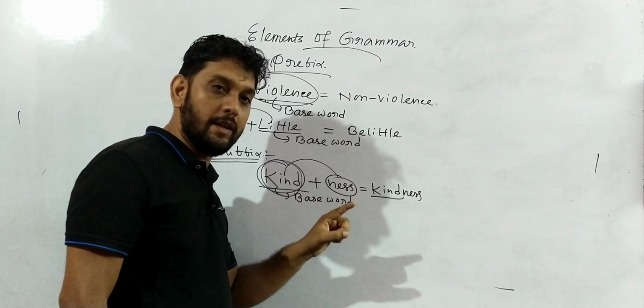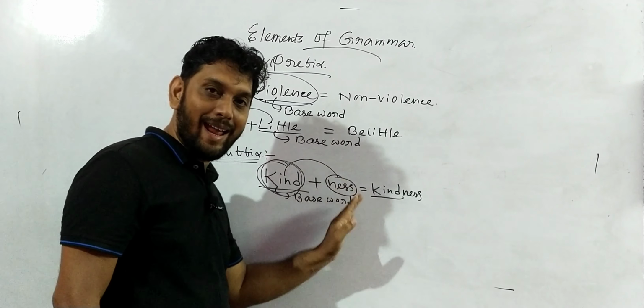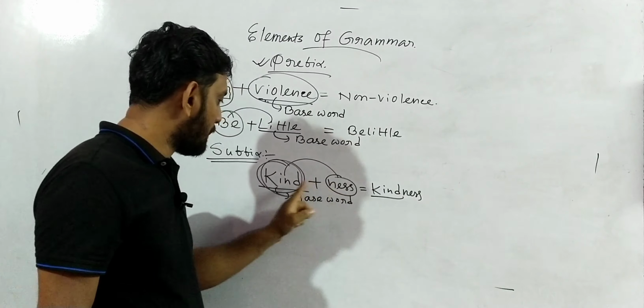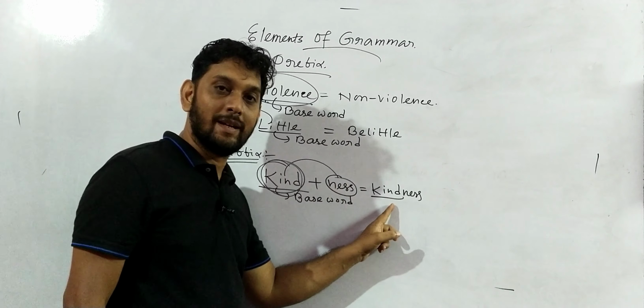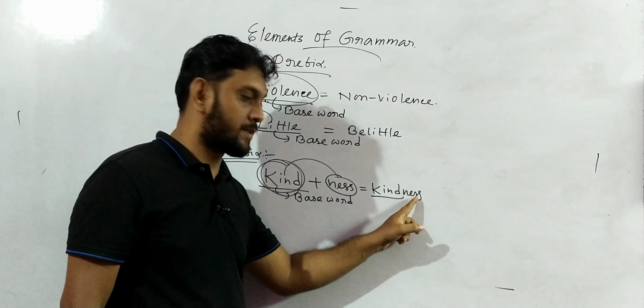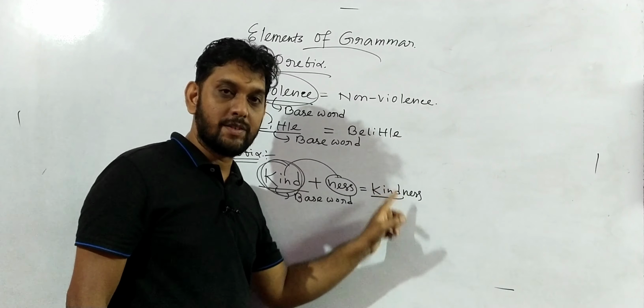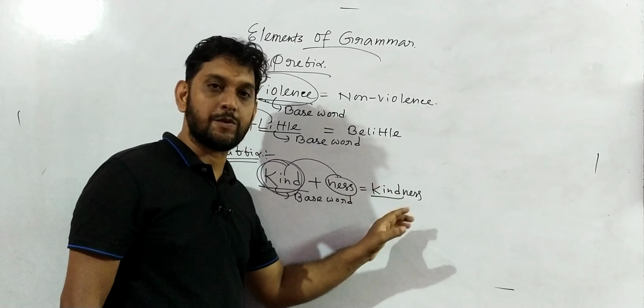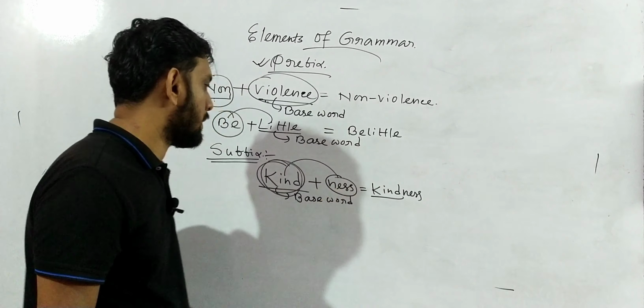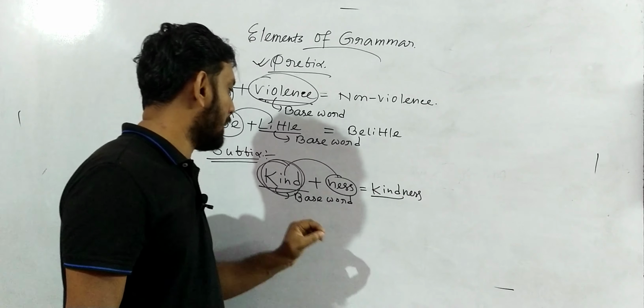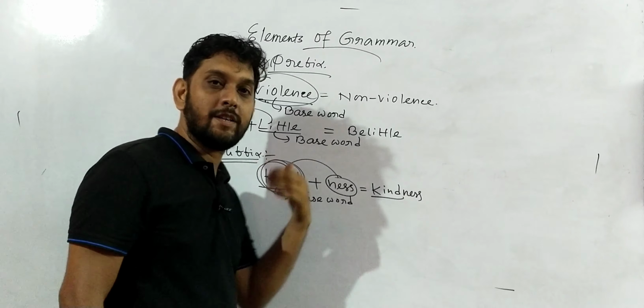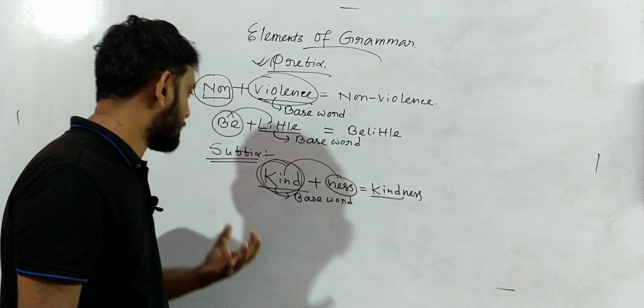Adjective. But when you add suffixes with the base word, it changes its part of speech. Kindness is a noun, which is known as abstract noun. Later on we can discuss it. First of all, we need to understand what is prefix and what is suffix.